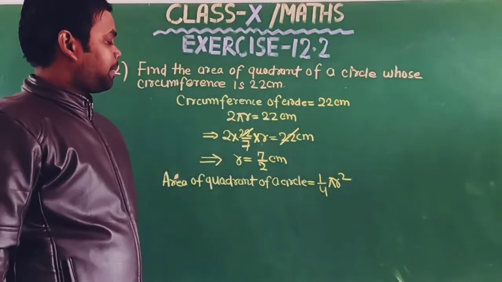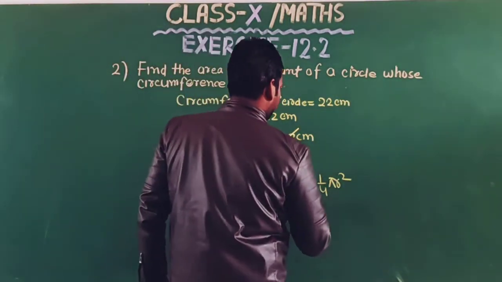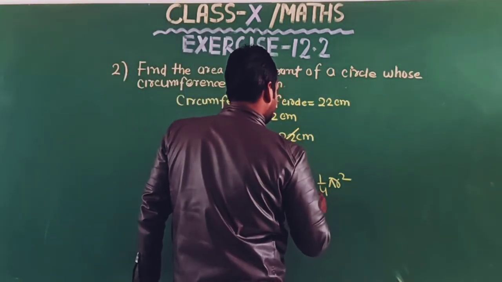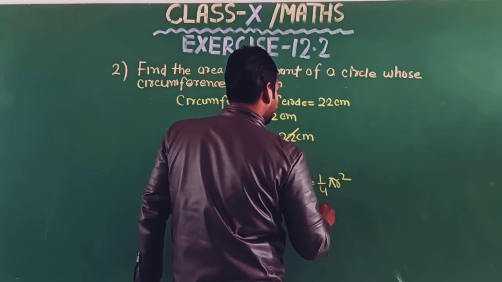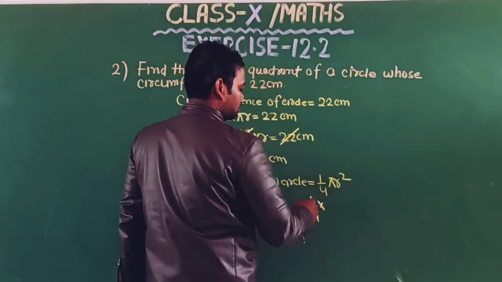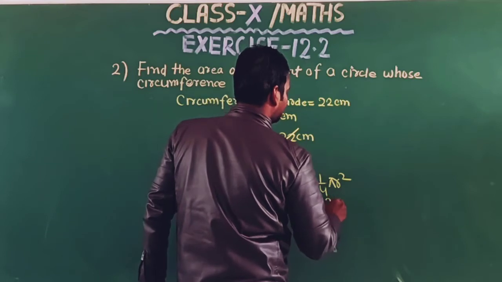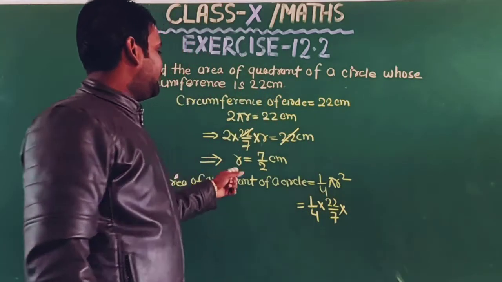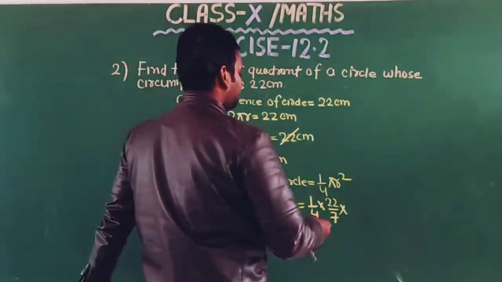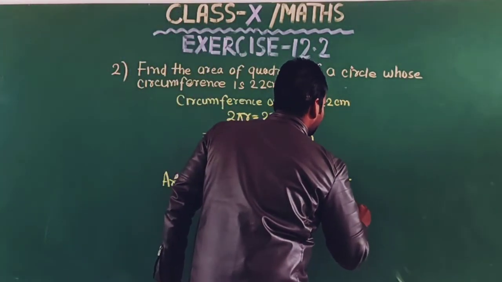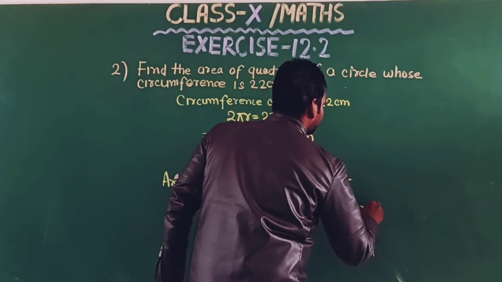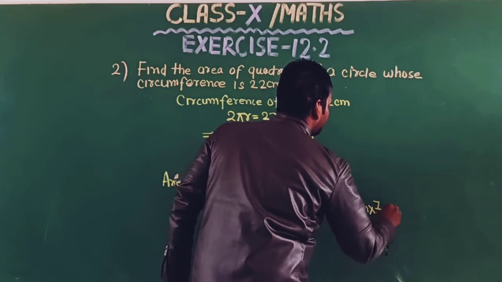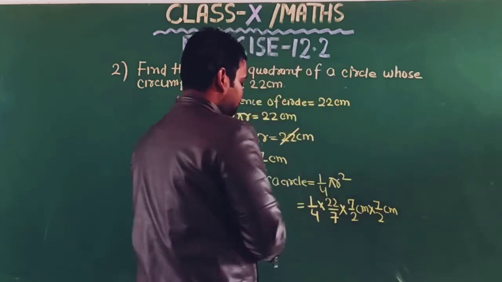So now substituting the value of pi and r over here. So this is 1 by 4, pi is 22 by 7 into radius is 7 by 2 centimeter, so write 7 by 2 centimeter into 7 by 2 centimeter, 2 times.